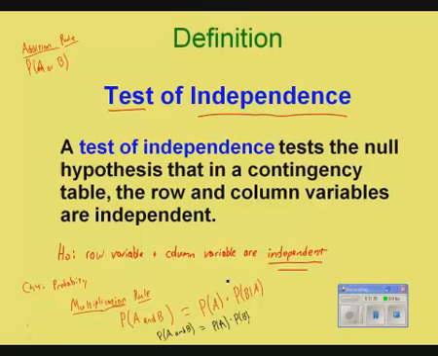But we said there is a situation where that happens. The only time that happens is if A and B are independent. If you have independent events, then you can just multiply the probabilities. That concept comes back right now. Because if we want these row and column variables to be independent, we should be able to multiply probabilities to figure everything out. So I'll show you how that works.